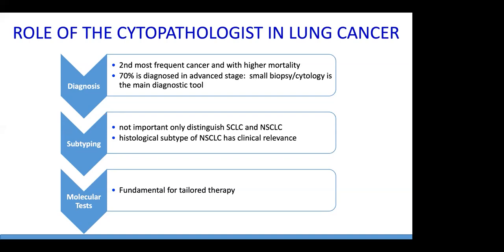So we need to provide diagnosis. We need to subtype, because today it is not important only to distinguish small cell lung cancer and non-small cell lung cancer. The subtype of non-small cell lung cancer has clinical relevance. And then in the end, we are deeply involved with the molecular tests that are fundamental for tailored therapy.